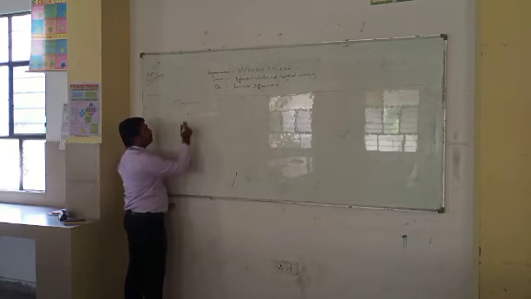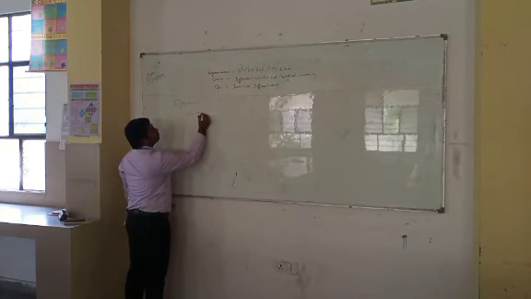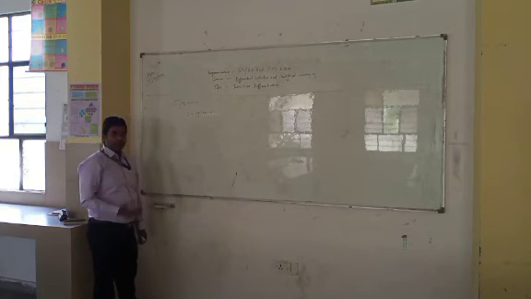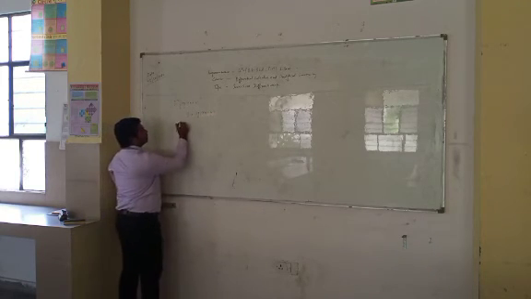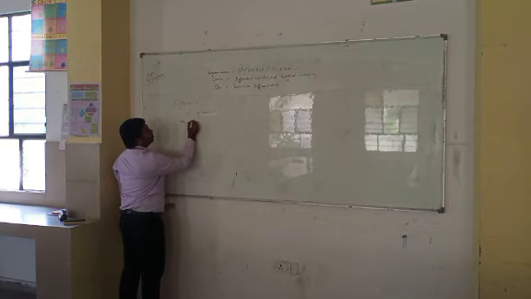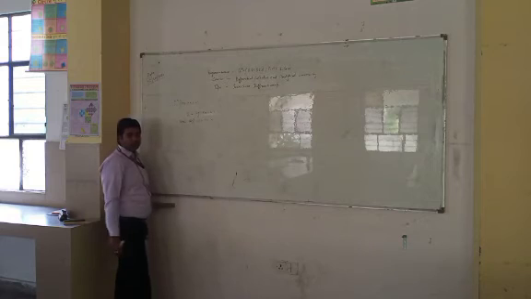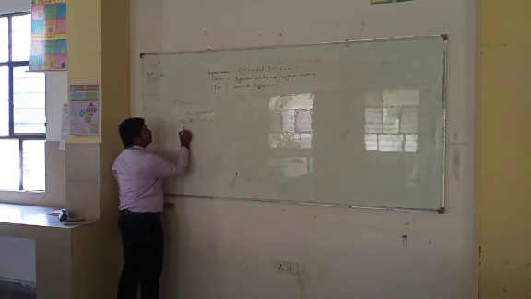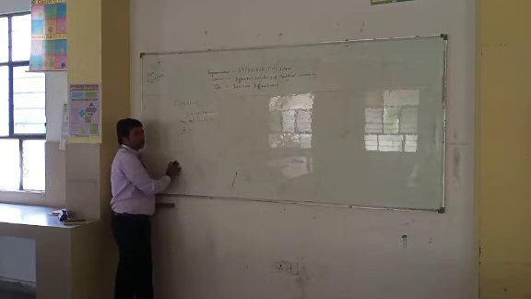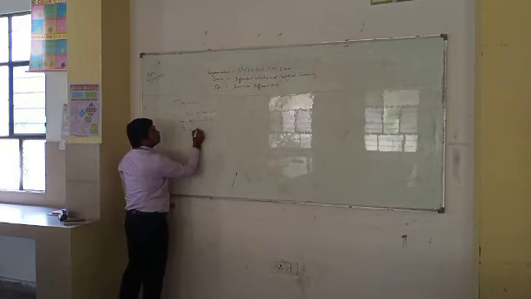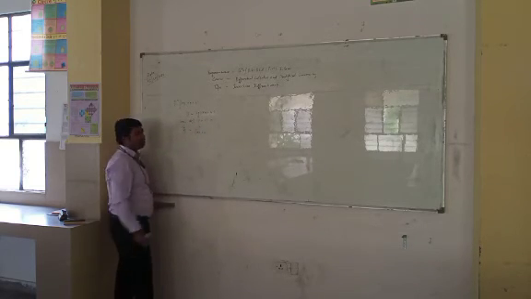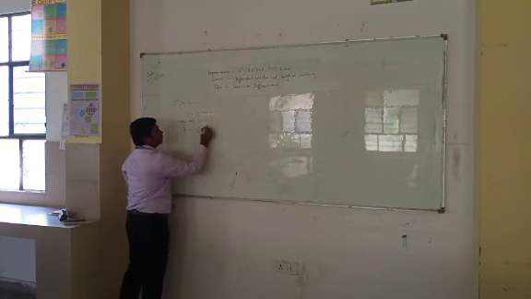So suppose y is equal to log of ax plus b. Now differentiating with respect to x, y1 is equal to 1 upon ax plus b into a.